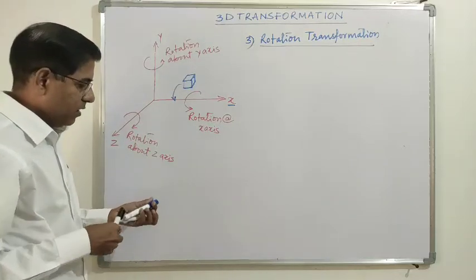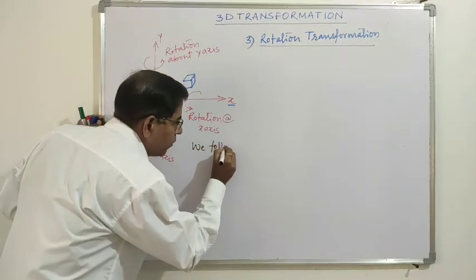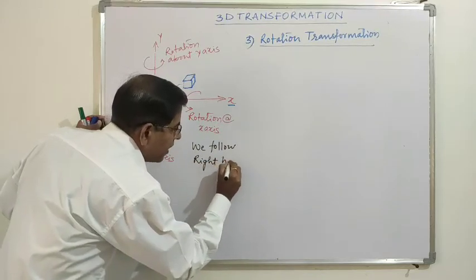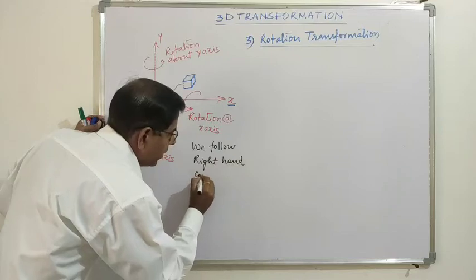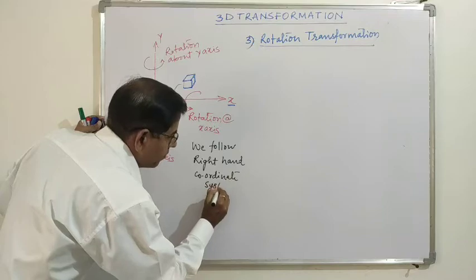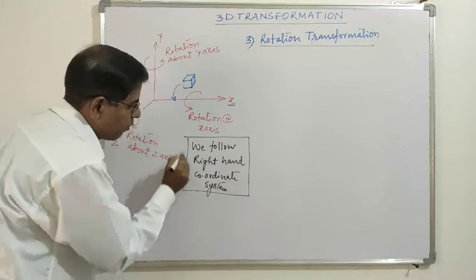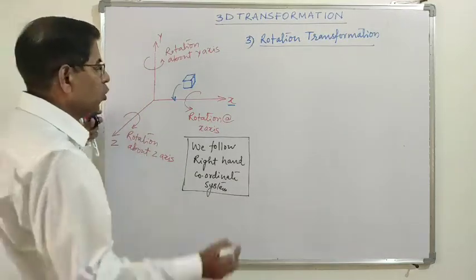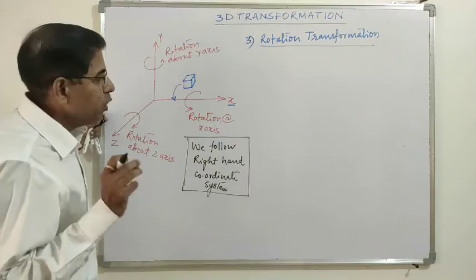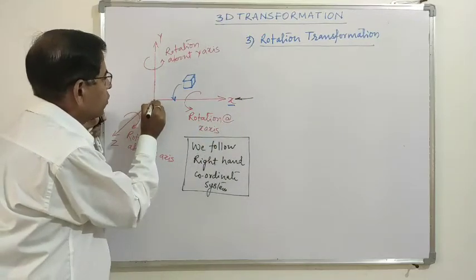Now here we follow the right hand coordinate system. Now what is this right hand coordinate system? We always decide the direction by looking along the axis towards the origin.